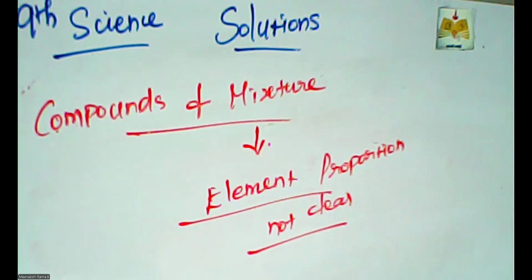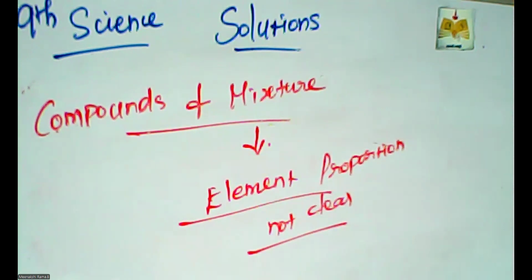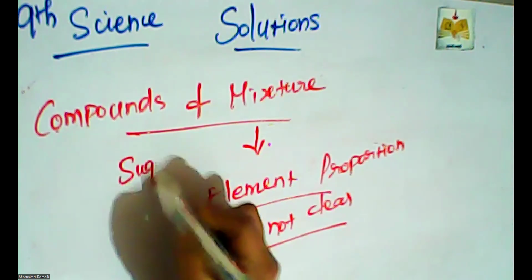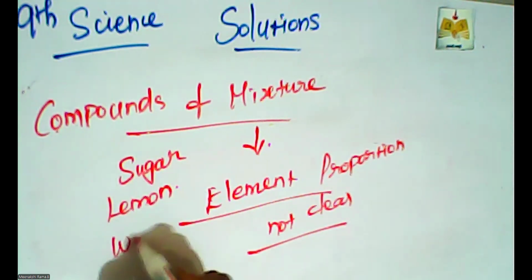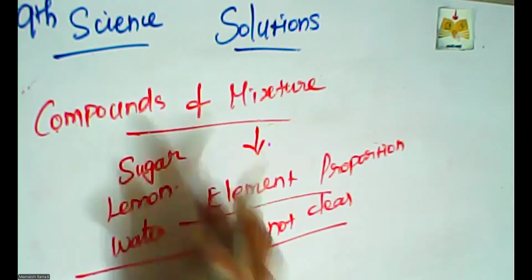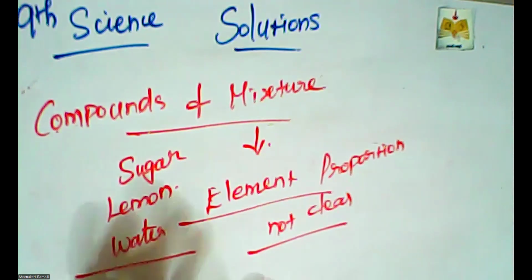Okay. What is a mixture? Two or more elements joined together. For example, lemon juice. For lemon juice we add sugar, lemon and water. Is there any right proportion to prepare lemon juice? No, there is no clear proportion.